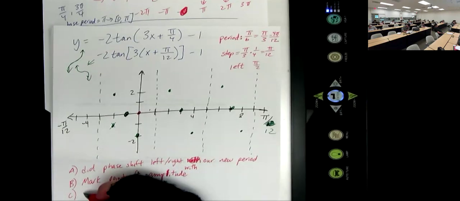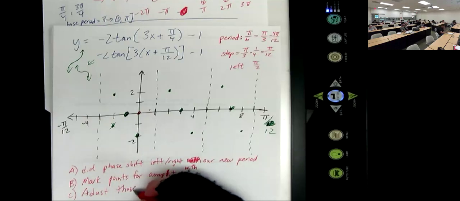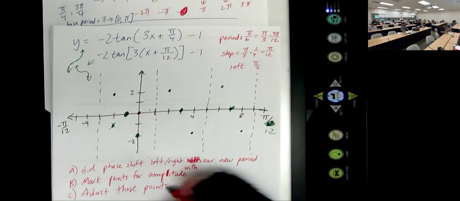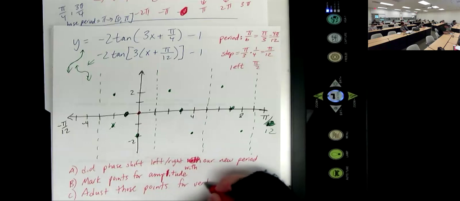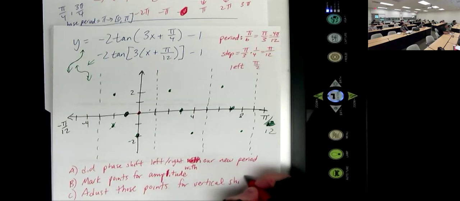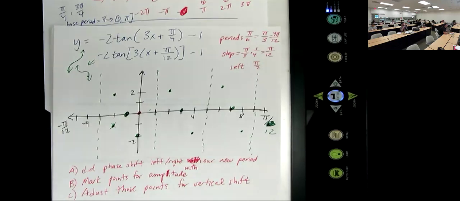Then, C, we're going to adjust those points for vertical shift, which in this case means moving them all down 1, right?